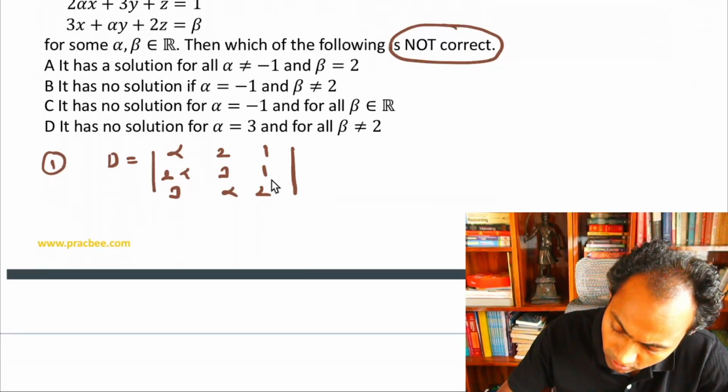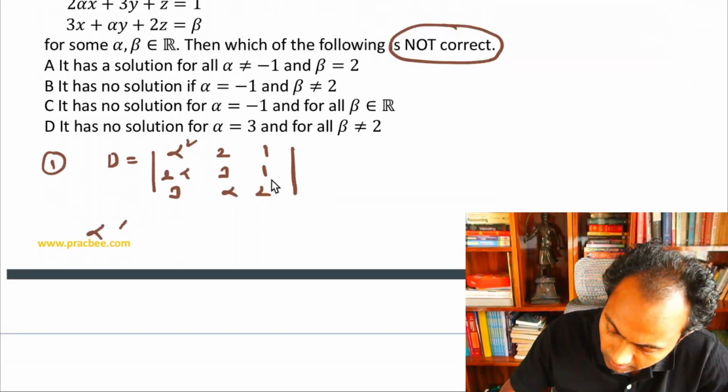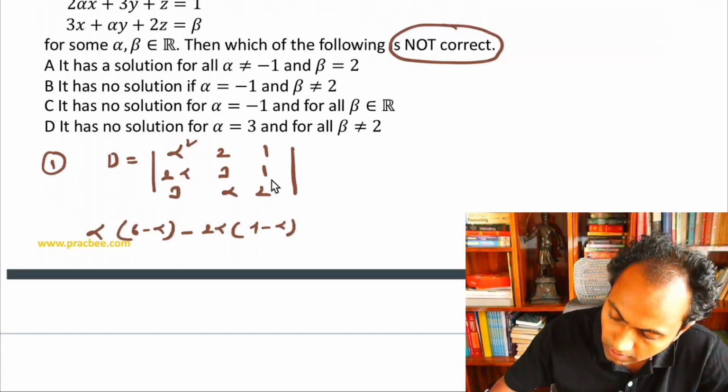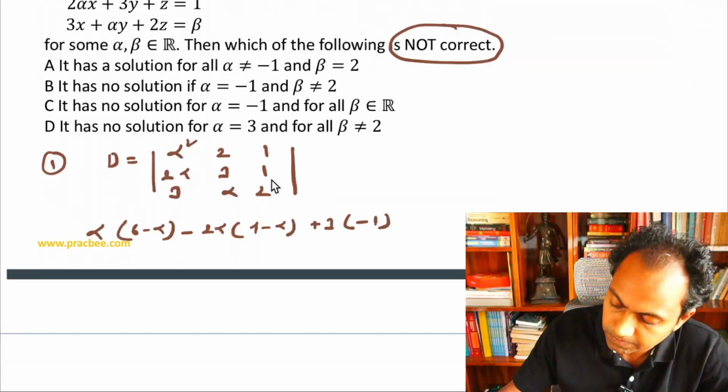So I am opening it along the first column. So alpha times 6 minus alpha, minus 2 alpha times 4 minus alpha, and finally third term would be nothing but plus 3 times 2 minus 3, that will become minus 1.